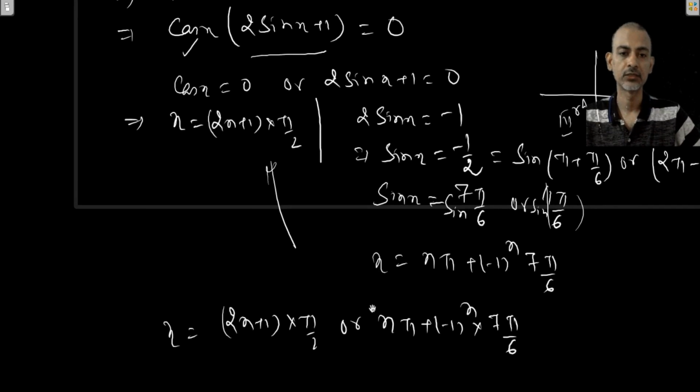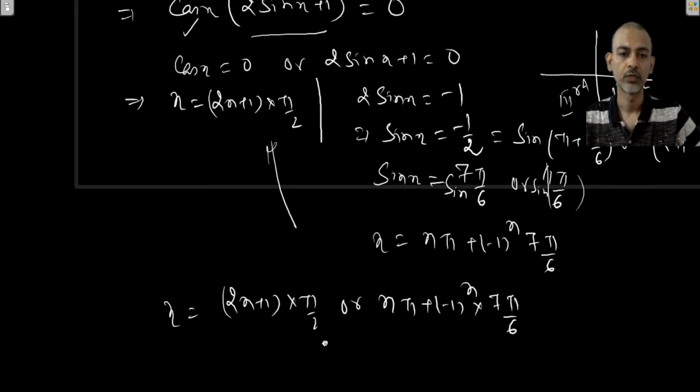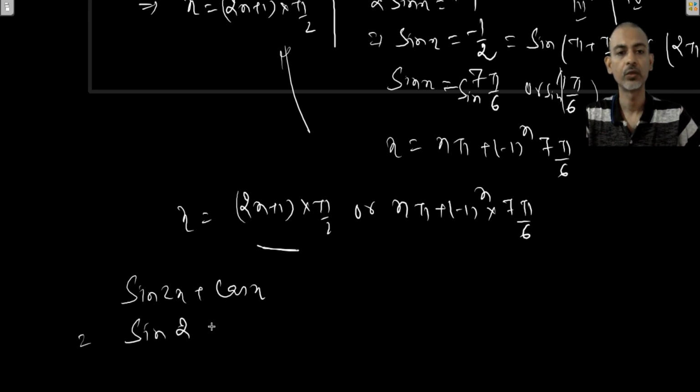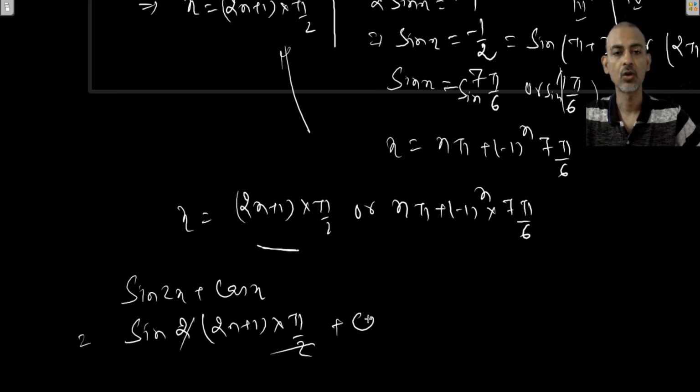So either this or this. I have to calculate the expression sine of 2x plus cos of x, and I take this value. So what will this become? Sine of 2 into (2n plus 1) into pi by 2, the 2 will cancel out, plus cos of (2n plus 1) into pi by 2.